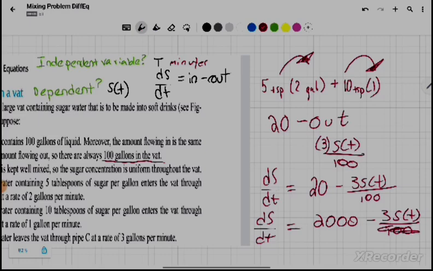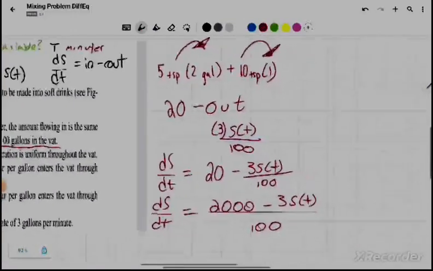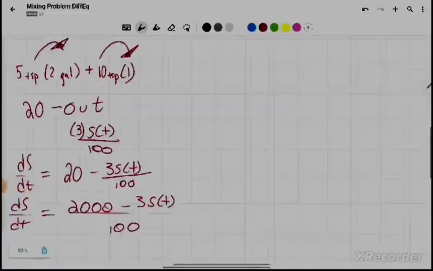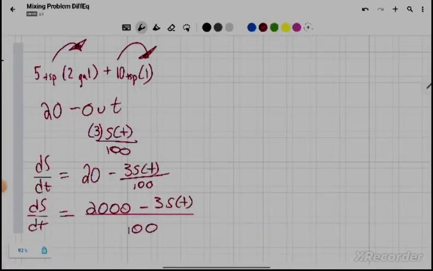Okay, now we can get our S on one side and our t on the other. I'm going to go ahead and start writing this S of t as just S. So we have 1 over 2000 minus 3S dS is equal to dt over 100.